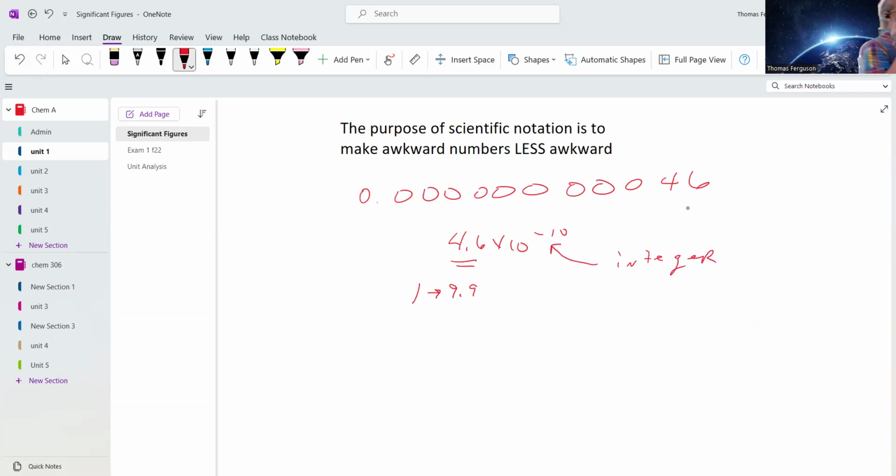The exponent is always an integer, and it's either positive or negative. If the number is less than 1, the exponent is going to be negative. If it's greater than 1, it's going to be positive.